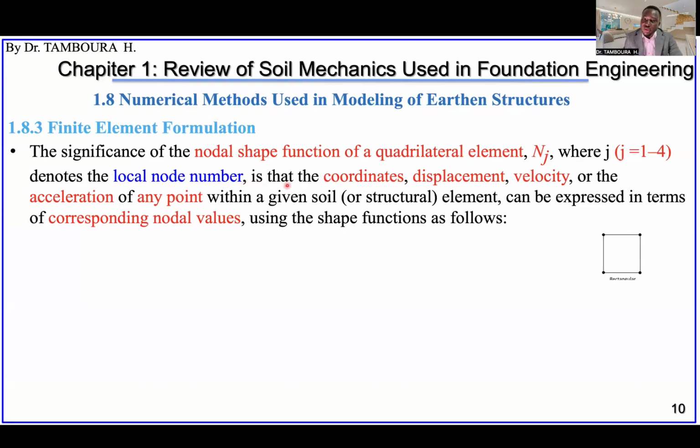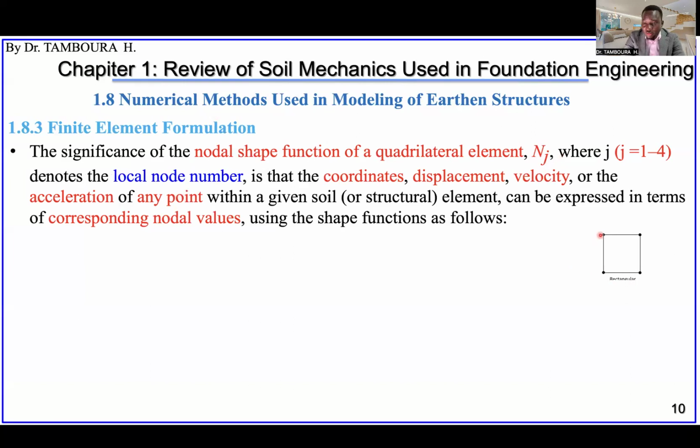This function N can be coordinate, displacement, velocity or acceleration, at any point. If you want, you can decide what the nodal function is for the coordinate, and what the nodal function N_j is for the displacement of each node.